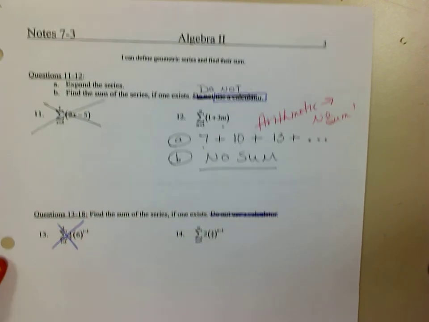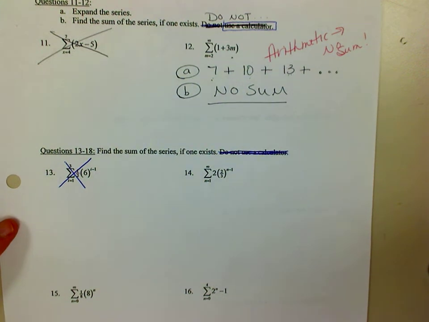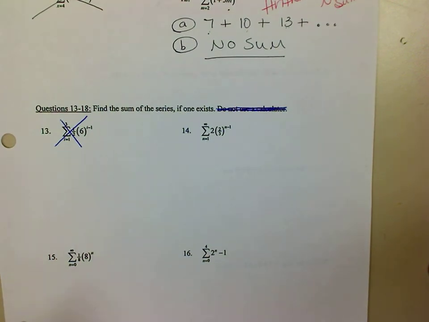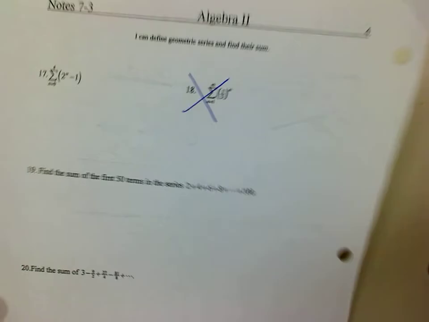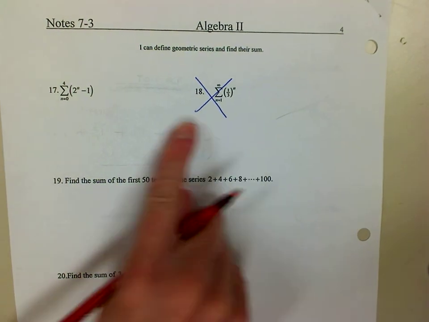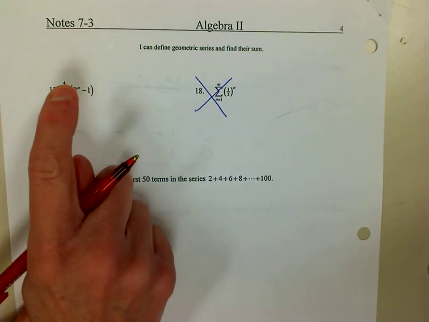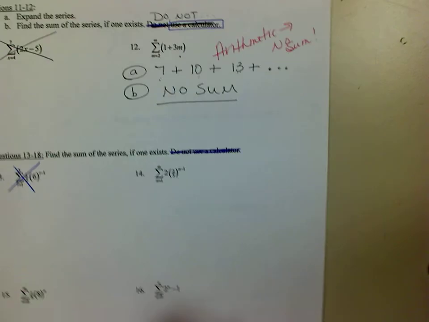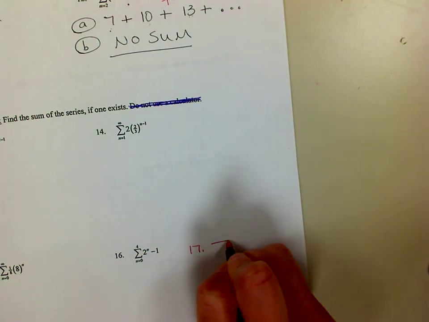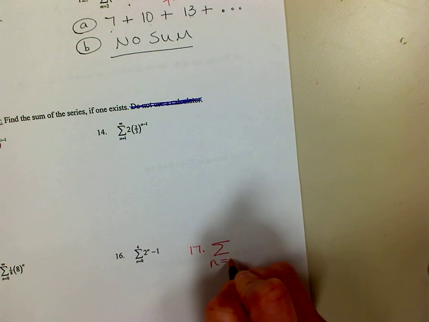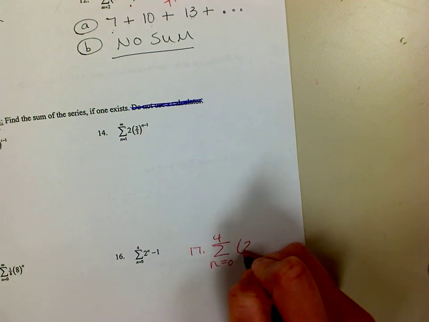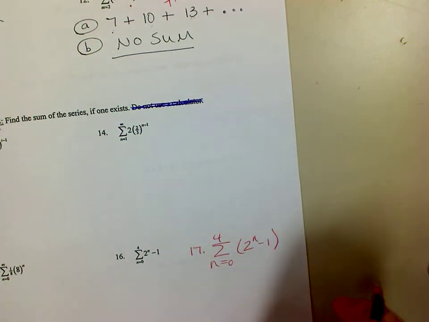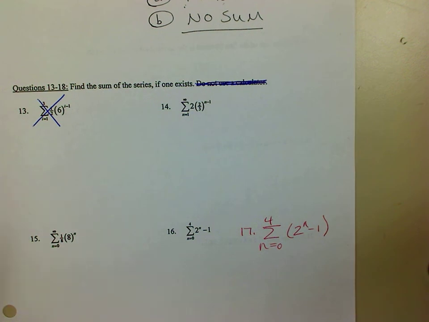All right, so down here I crossed off 13 because again, that's what we did yesterday. I also crossed off number 18, but I didn't cross off 17. What I'm going to do is rewrite 17 on the front because 16 and 17 are very similar. The only difference is that 17 has parentheses around the formula. So I actually want to do that first.